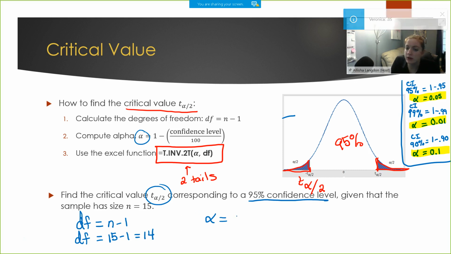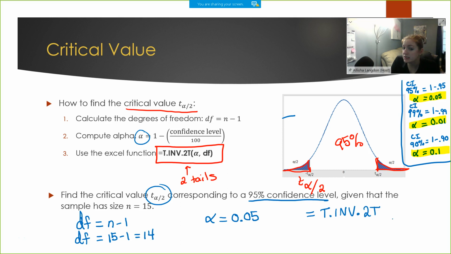Just go grab it. We already did the calculations. Now that we have those two values, our alpha and our degrees of freedom, we can plug them into our formula. We're going to type in T.INV.2T, because it's two-tailed on both sides. Alpha is going to be 0.05. My degrees of freedom are going to be 14.